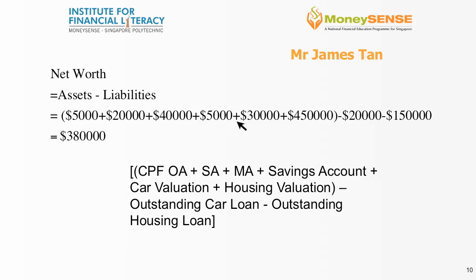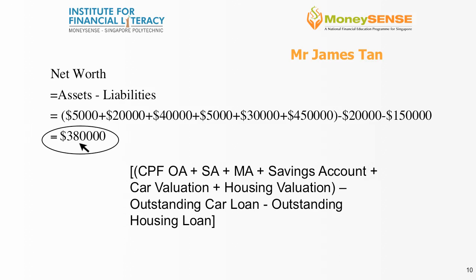His car is currently valued at $30,000 and his house is valued at $450,000. Mr. James Tan has an outstanding car loan of $20,000 and an outstanding housing loan of $150,000. Subtracting total liabilities from total assets, his net worth stands at $380,000.